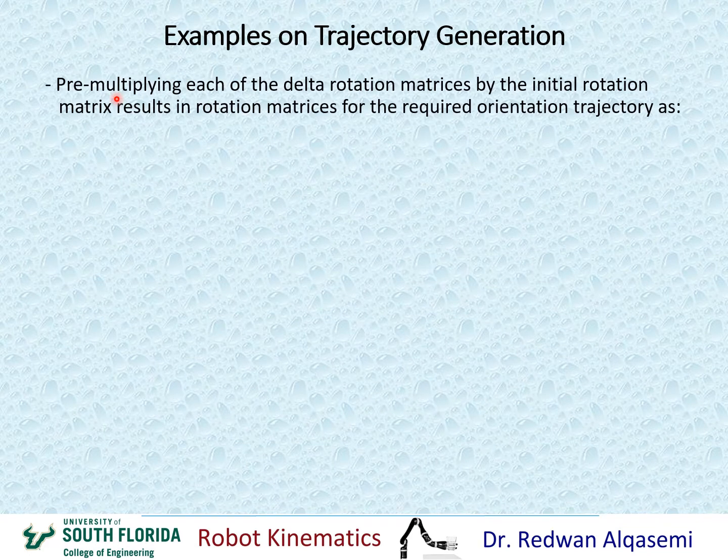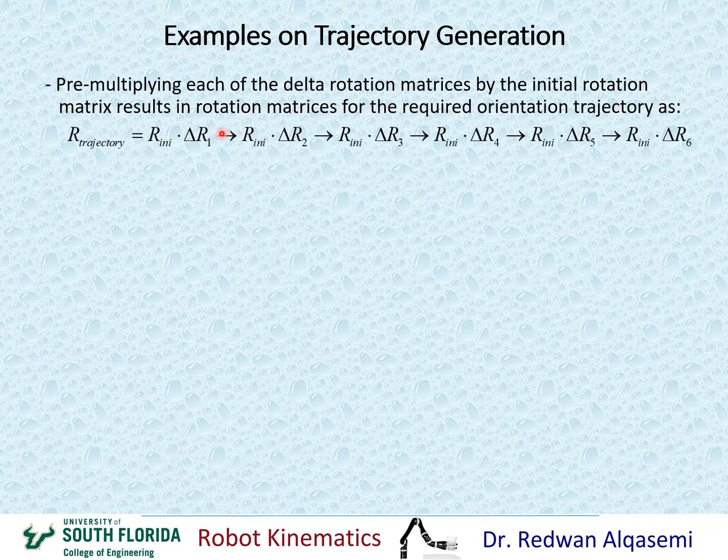For the next step, we need to pre-multiply each of the delta rotation matrices that we found in the previous slide by the initial rotation matrix that was given in the example. So these would be the rotation matrices required for my orientation trajectory, for going from the initial to the final transformation matrix. The first step here would be R initial times delta R1.